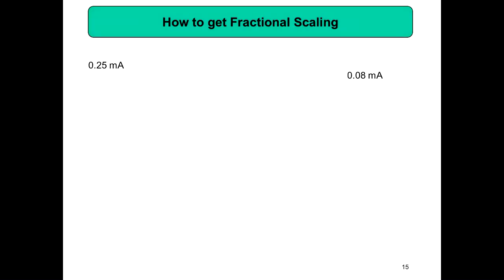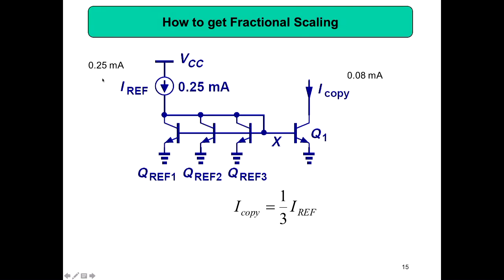So 0.25 milliamps, that is your golden current. Our requirement is 0.08 milliamps for one of your amplifier circuits. So how to generate it? Now if you look at the relationship, your I copy equals 1 by 3 times I reference. Because this 0.08 is equal to 0.25 divided by 3, we can connect 3.